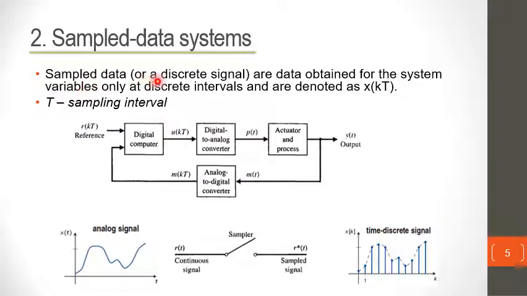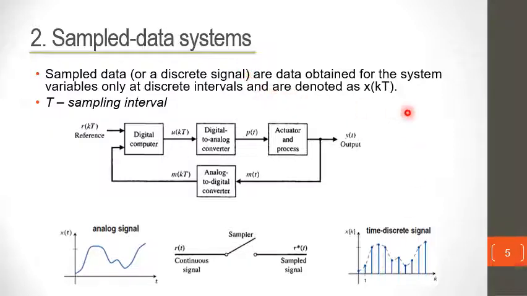We refer to sampled data as these discrete signals. So you have an analog signal, which is a continuous signal coming in, and then a sampler, which is normally represented like a simple switch, chops it up, or samples it, into a discrete signal like this, and then the computer algorithm will work on this discrete signal.